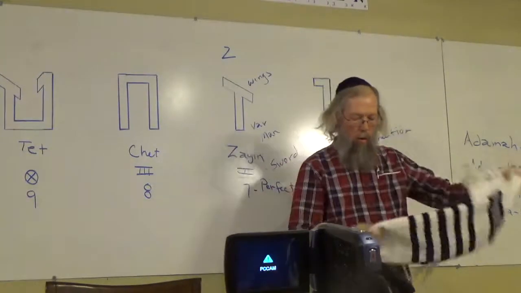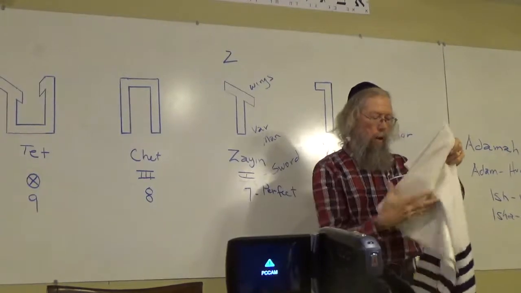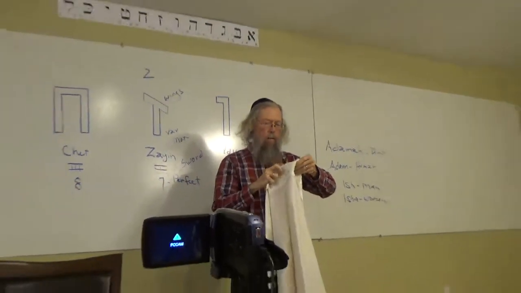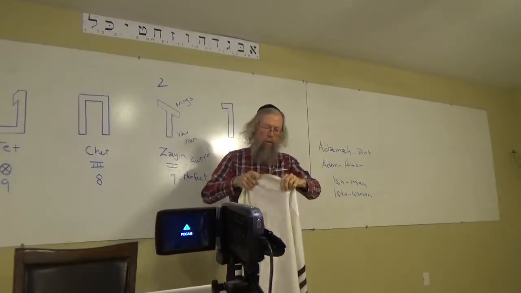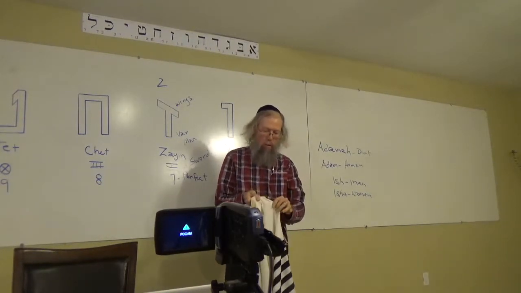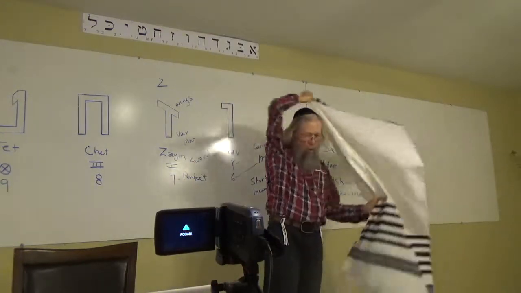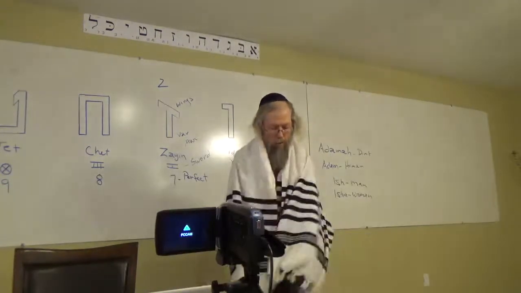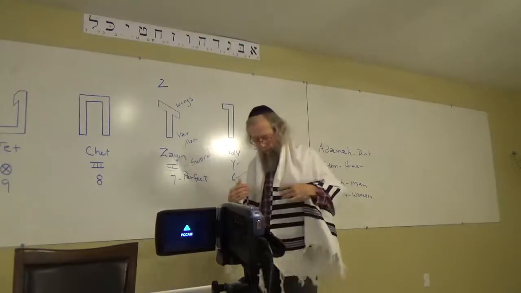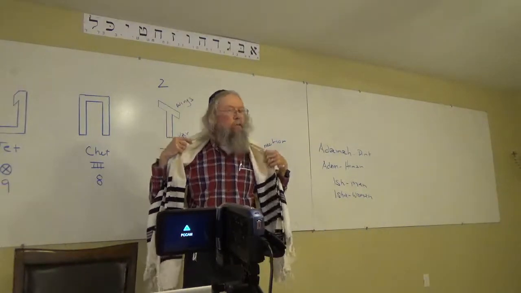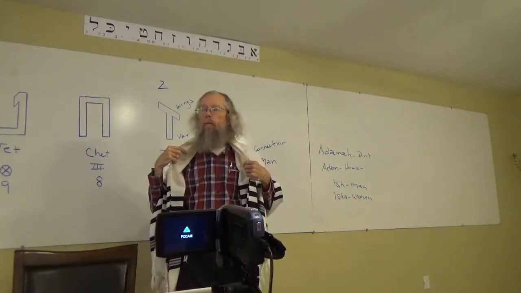And so, as I showed you last week, I have here my talit. We wear the talit when we're doing the liturgy, when we're saying our prayers and these kinds of things.